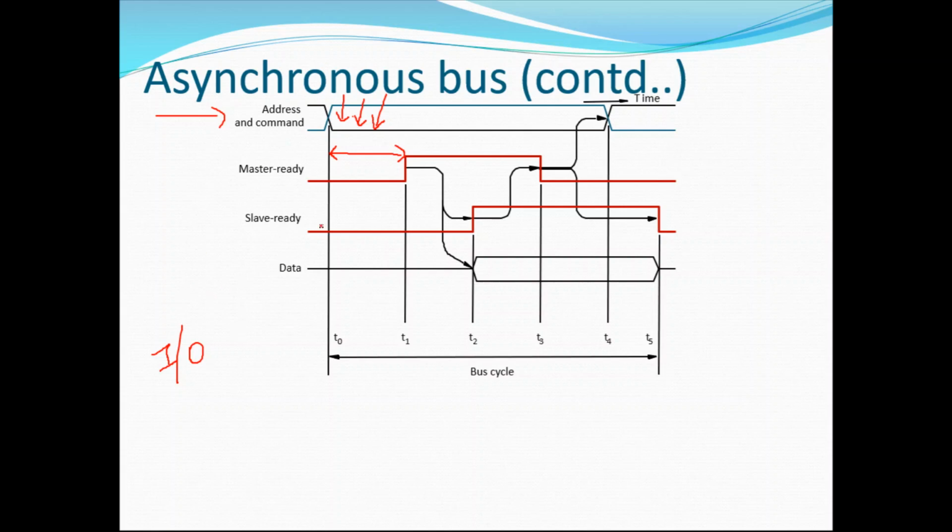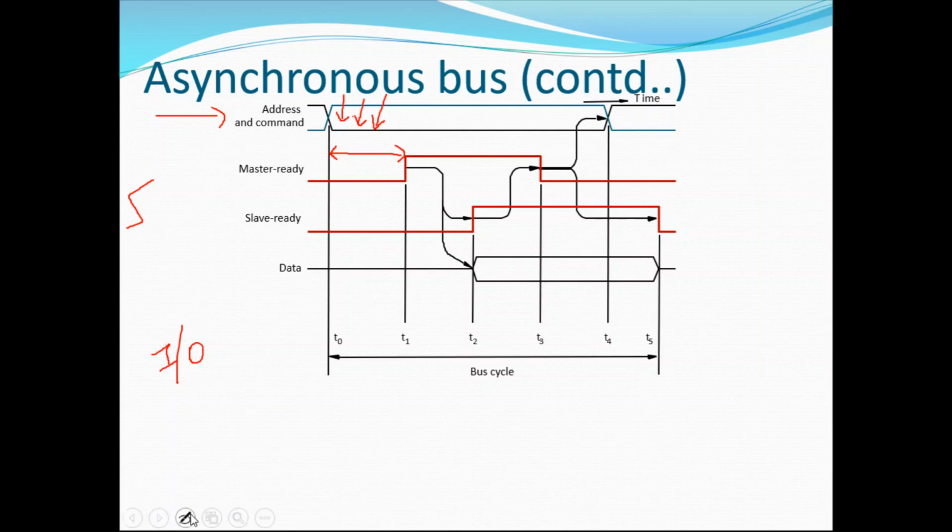But one thing should not happen: first the master ready signal comes and then the address and the command come. That should not happen. Always the address and the command should appear on the address and command bus before the master ready is activated.